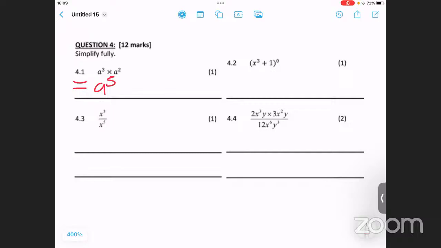Do all of you agree with this? Remember, guys, this is revision. I think we did this a whole lot of times. Do we have anybody who's disagreeing with this? Okay. And then x, in bracket, we have x cubed plus 1, all of that to the power of 0. What's going to be the answer?